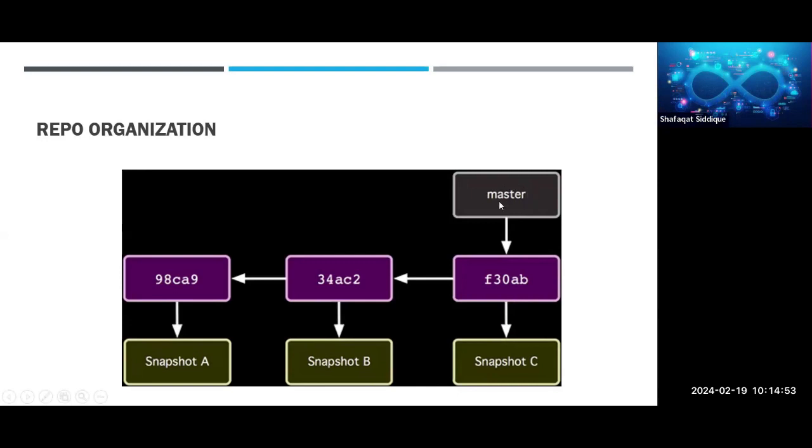Here in the master branch, you can see the hash tag is F30AB, and that takes a snapshot.